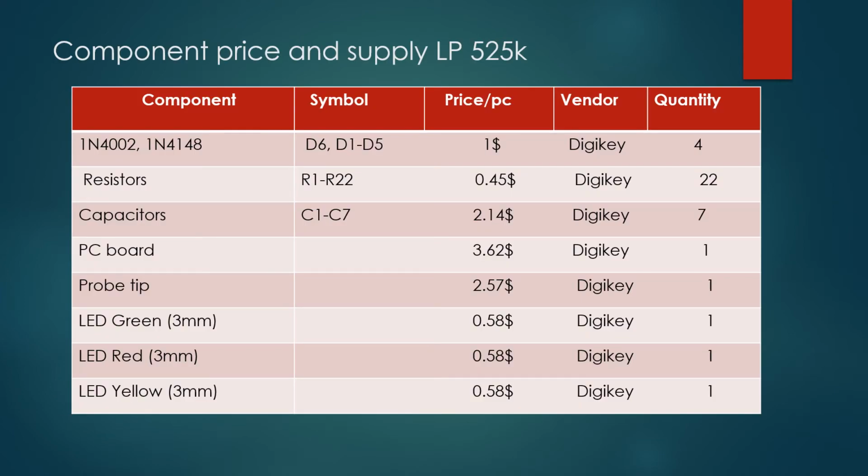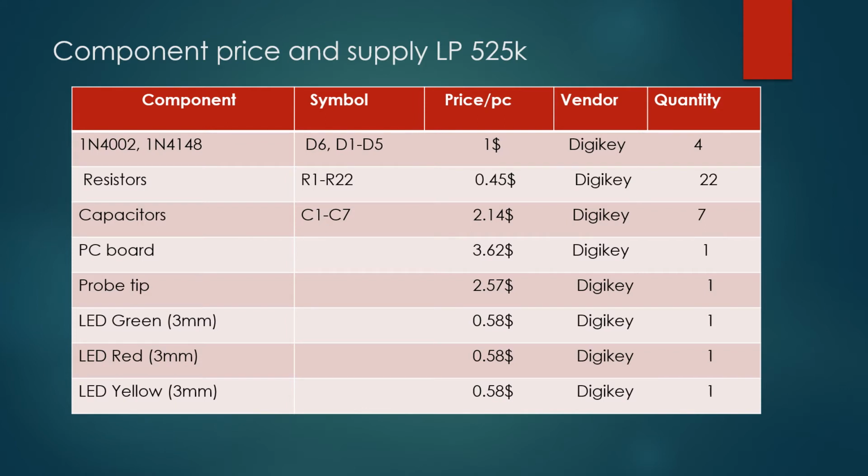As for the component price and supply of our probe, the components are ICs, diodes D6 and D1 to D5, resistors R1 to R22, 7 capacitors, PC board, probe tip, and the 3 LEDs, with the prices as given.